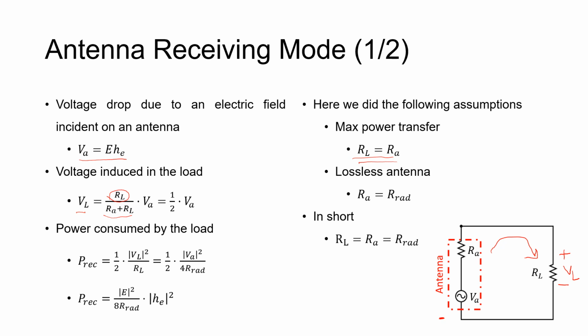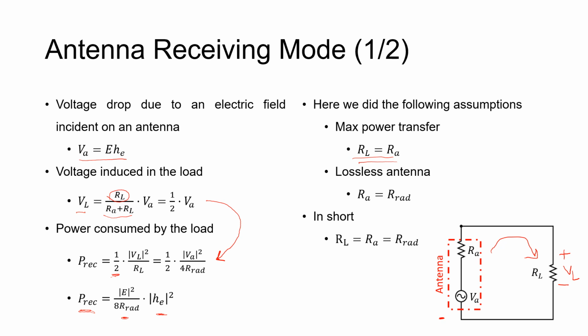So what is the power received? Power received is simply half multiplied by the voltage squared divided by RL. Half represents the RMS value, and just by replacing what we have reached here in this equation and making some simplification, we will get some relation between the received power, the electric field, and the effective length.